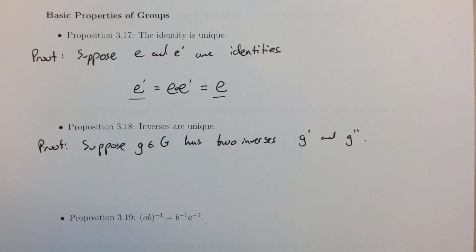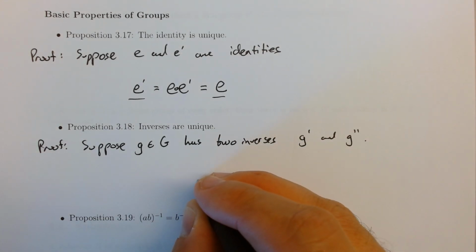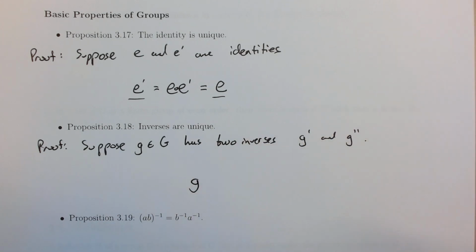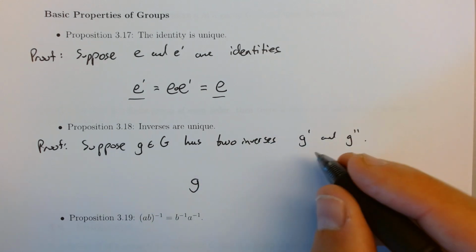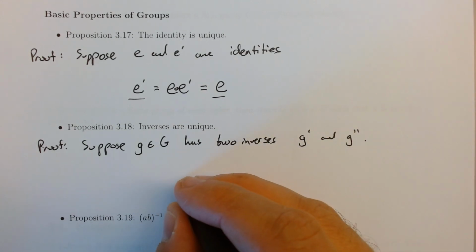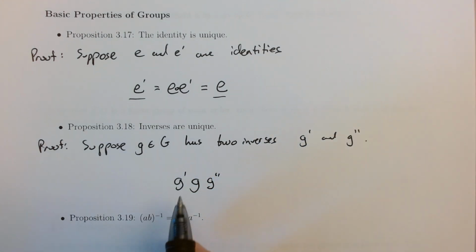So one thing to do is to take advantage of the fact that they're both inverses of G. I'll create a combination of these three where I get to take advantage of that fact. I'll put G, and then put the two inverses on either side: G prime on one side, G double prime on the other side.